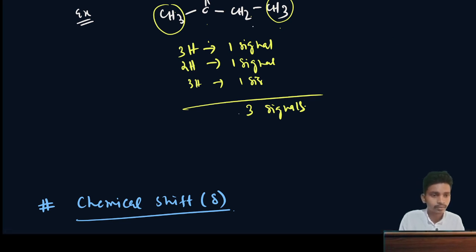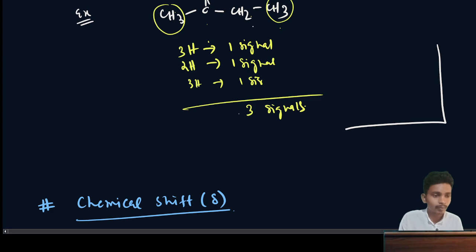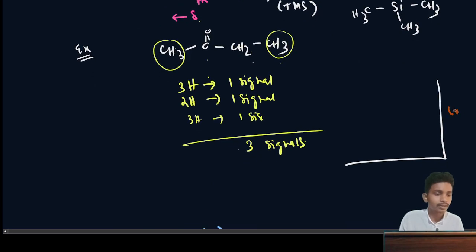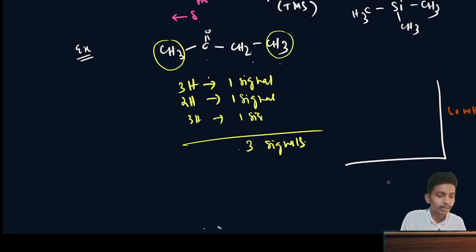So NMR data will somehow look like this. Here, whatever type of instrument you are taking, let's say we are taking 600 megahertz. So the 600 megahertz instrument will be here, and here we will write the positions of the signal, that is chemical shift, in ppm.